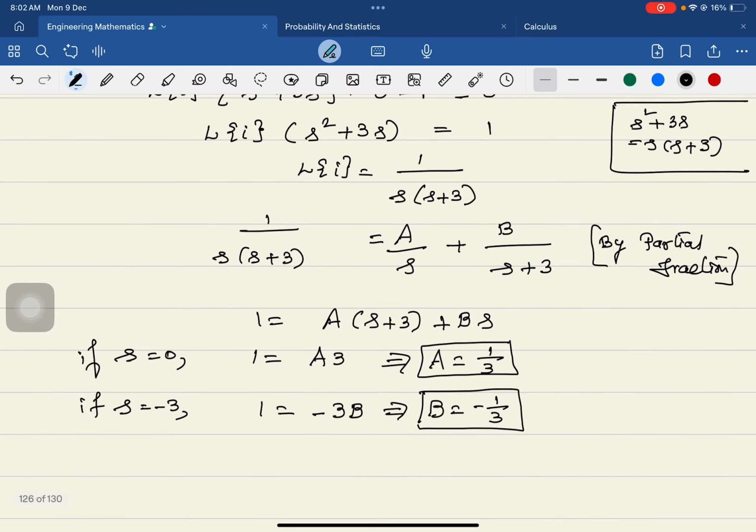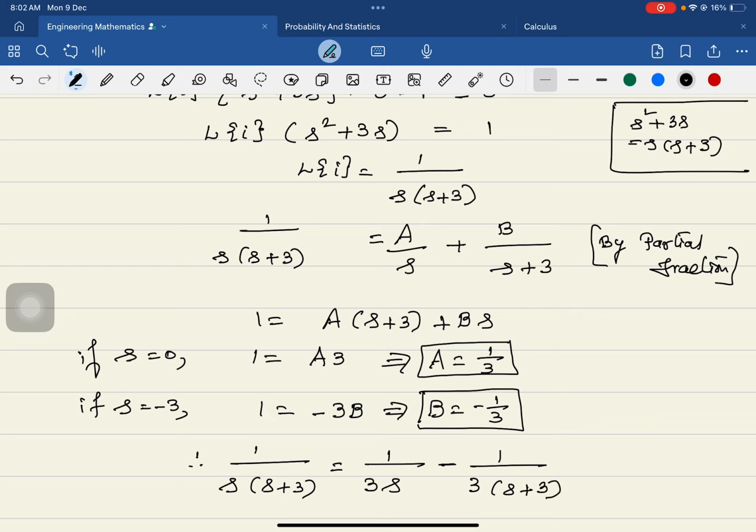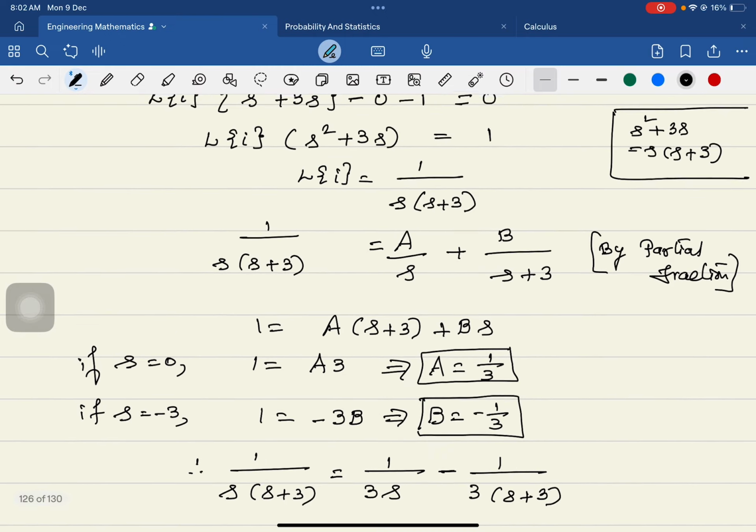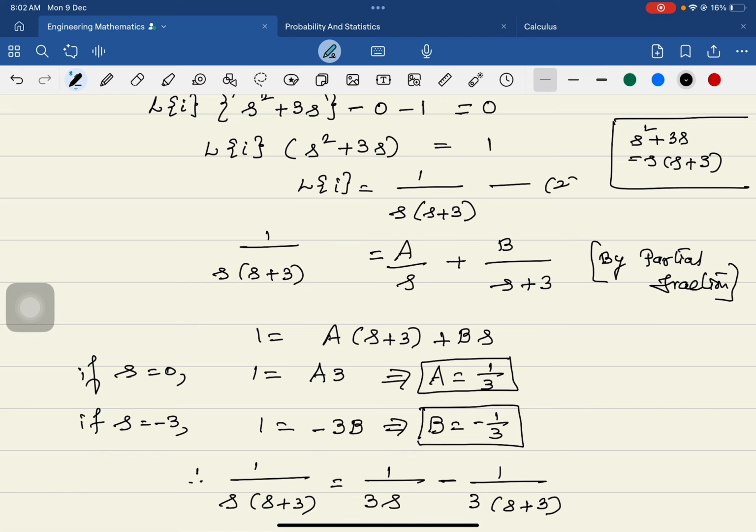So therefore, what is your value? 1 over S times S plus 3 is given as 1 by 3 into S minus 1 by 3 times S plus 3. Understood? The value of B is now minus 1 by 3. So we are splitting like this. Now let us call this equation 2.